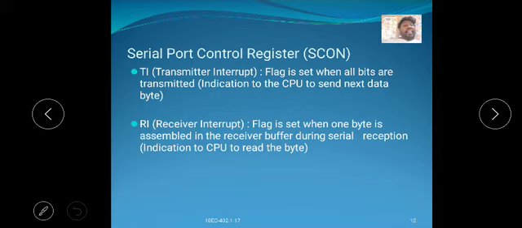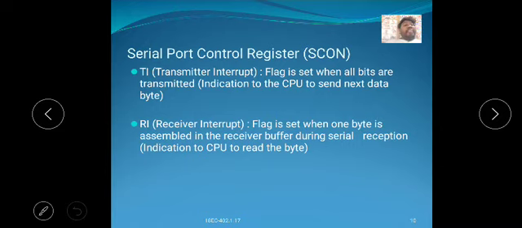The bit TI, transmitter interrupt. The flag is set when all the bits are transmitted. It gives the indication to the CPU to send the next data byte.